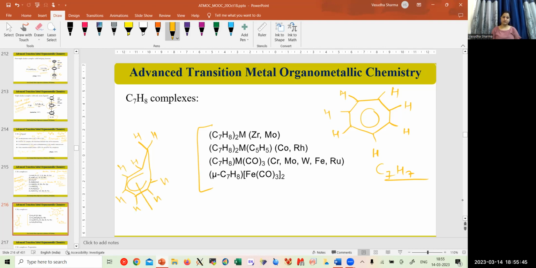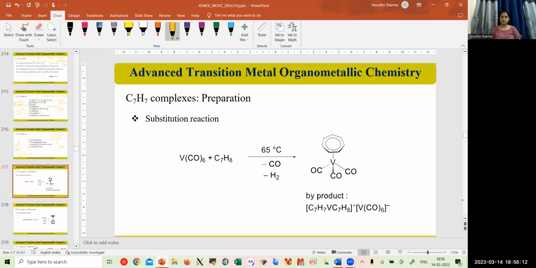So this will bind C6. So this is C7H8. So these are also some examples where C7H8 is binding, where this is also a complex where zirconium and molybdenum are meeting. Then a combination with the 5-membered ring combination with carbonyl. And also in bridging mode, we have seen how it combines with a metal carbonyl species.